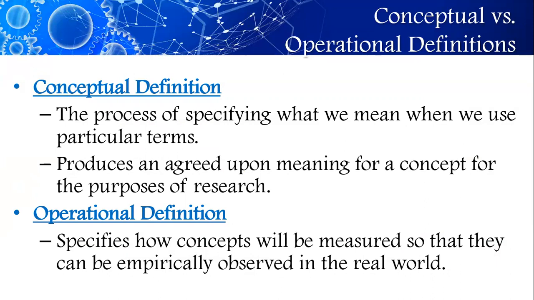So we have to find a definition within the literature that helps us to specify what we mean when we use a particular term. So we're not coming up with the definitions, we're finding those definitions within the literature.